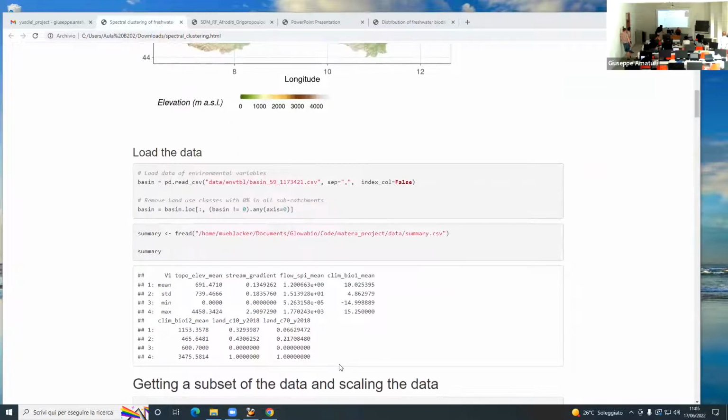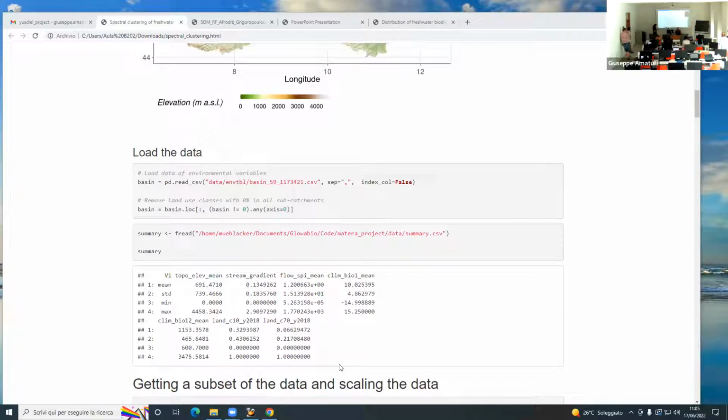So in total, I'm now using 74 variables for my clustering. Just a few examples for the different categories I have. I have some geomorphological variables like elevation, the stream slope, the stream power index, or the distance to the outlet.